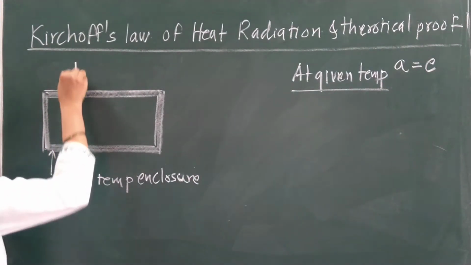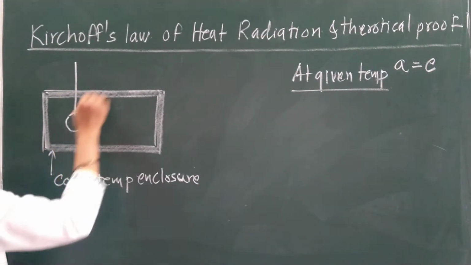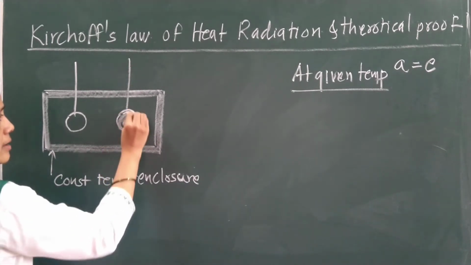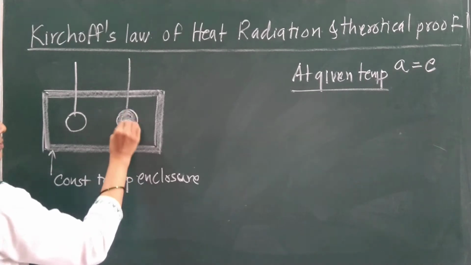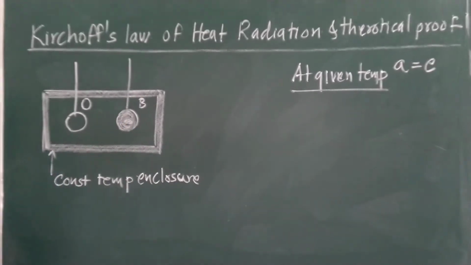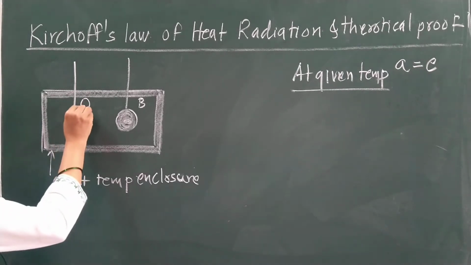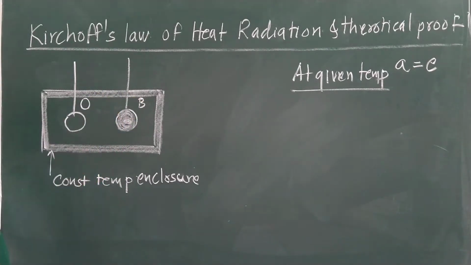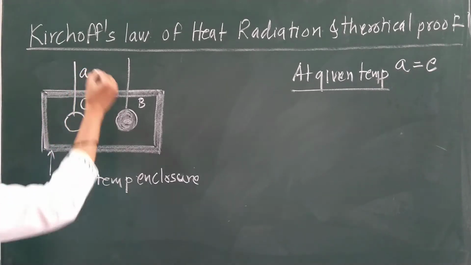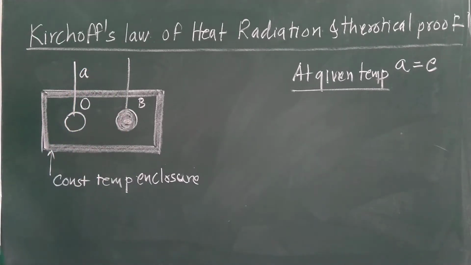Inside that, I am going to hold two bodies. One is a perfectly black body, and another I am going to say is an ordinary body. So O for ordinary body, B for perfectly black body. For the ordinary body, the coefficient of absorption is A.